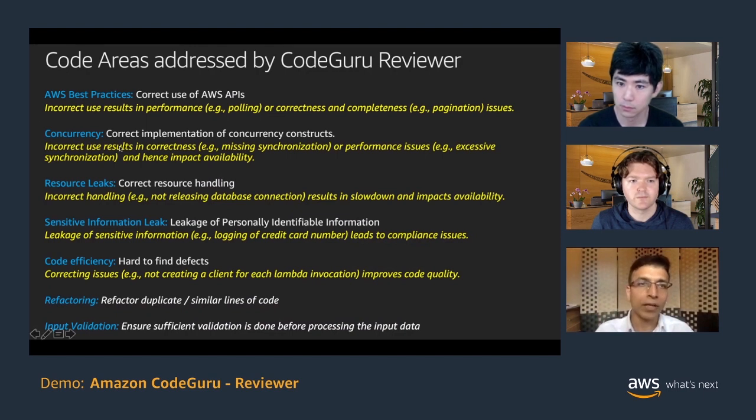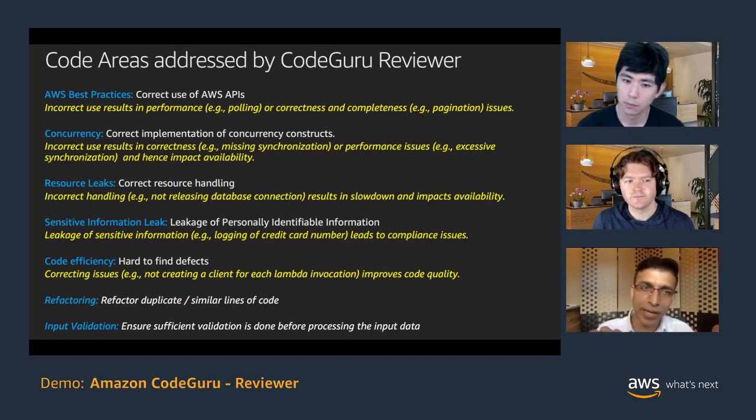For example, the one you are mentioning is AWS best practices. It has the knowledge about how the APIs are supposed to be used, and if those APIs are potentially used in a non-optimal way, or if there is a better way of using them, or maybe an incorrect way, it will point that out.